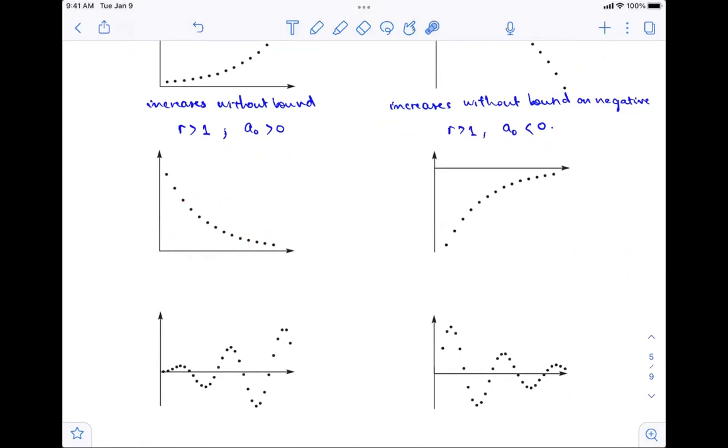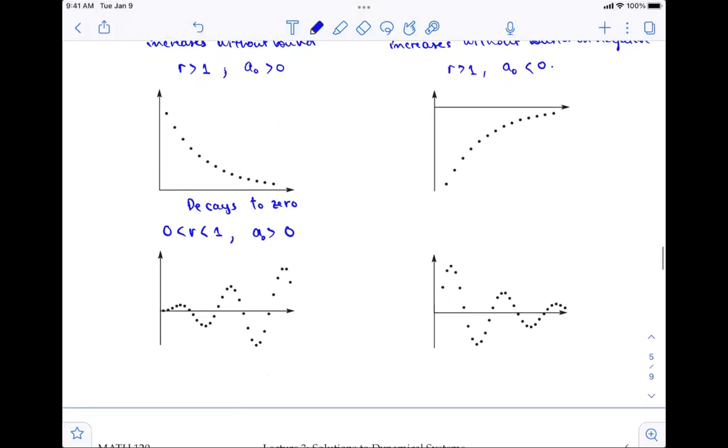This graph is exponential decay, right? It decays to 0 when R is between 0 and 1, and A0 is greater than 0, so the initial condition starts on the positive side of y.